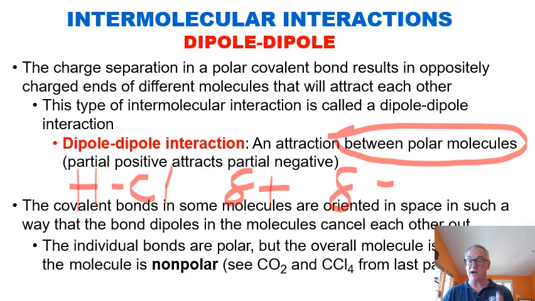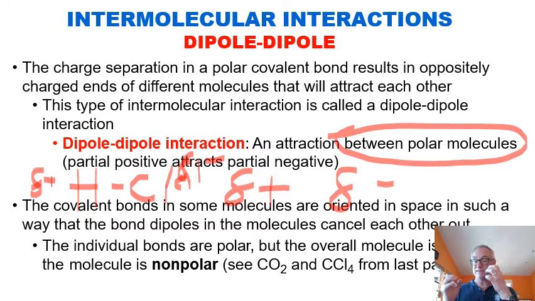Chlorine has a much higher electronegativity than hydrogen. So this hydrogen is going to have a slightly positive charge, and this chlorine is going to have a slightly negative charge. When the slightly negative side of an HCl molecule comes into interaction with the slightly positive side of another HCl molecule, they're going to pull together and interact with each other, because now there is a difference in charge.